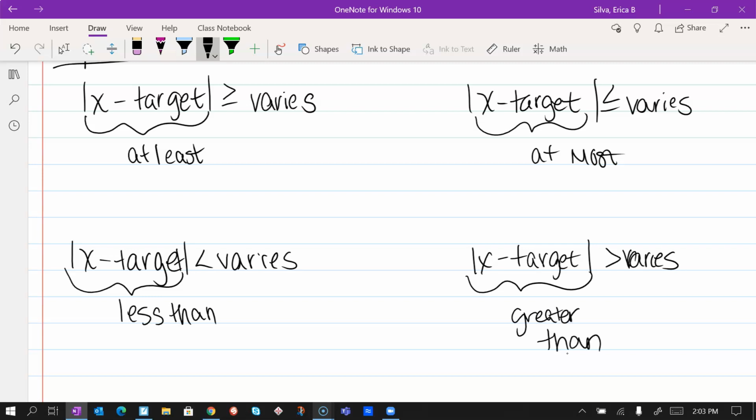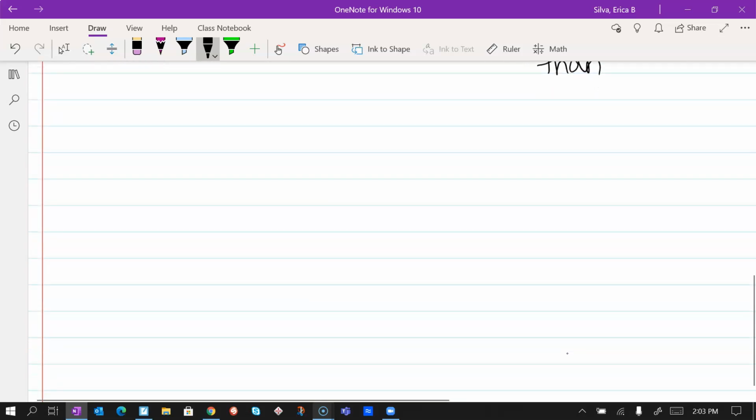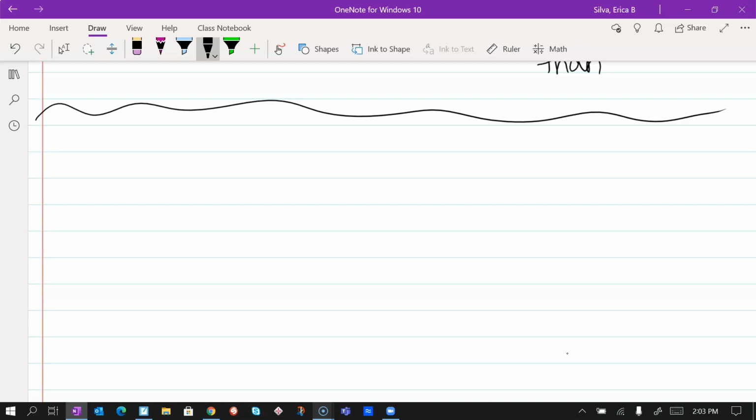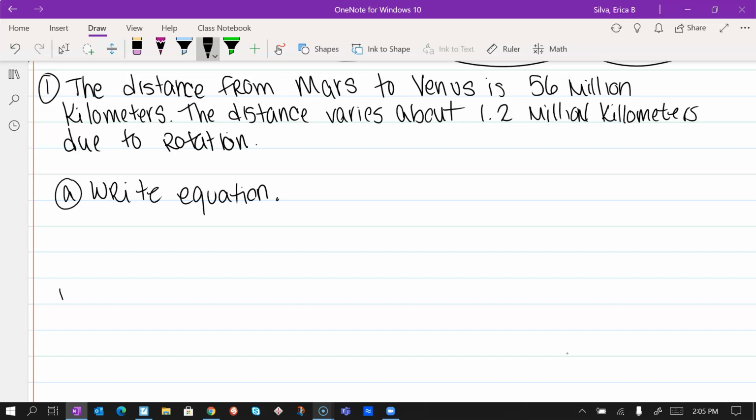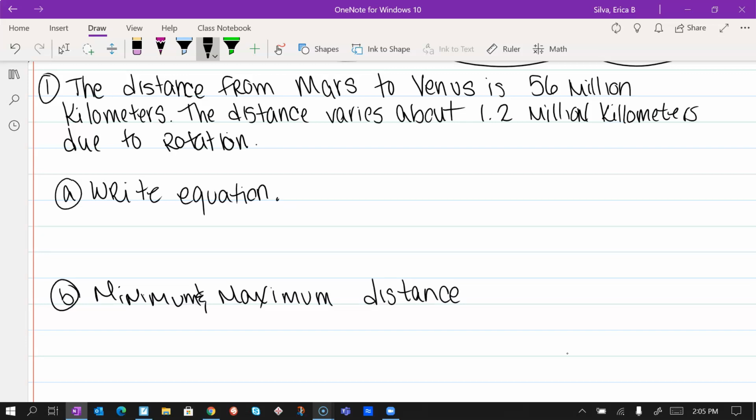All right, we're going to do 4 word problems. Let's go ahead and write down the first one. First, write an equation, and then we're going to find the minimum and maximum values that represent the distance.